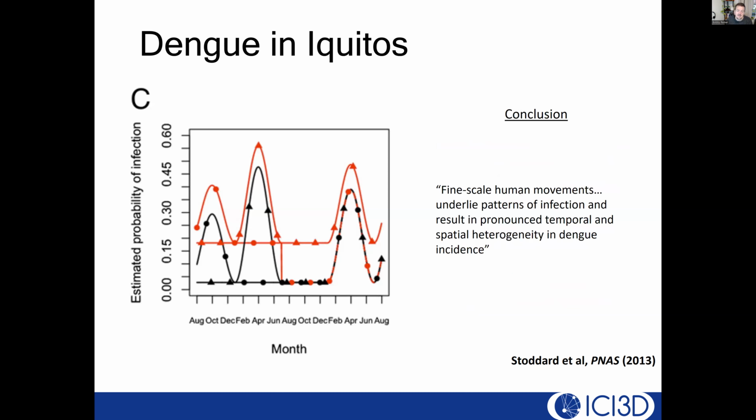The conclusion from that paper was fine-scale human movements underlie patterns of infection and result in pronounced temporal and spatial heterogeneity in dengue incidence, basically trying to say that one of the key drivers of the spatiotemporal patterns was human movement.